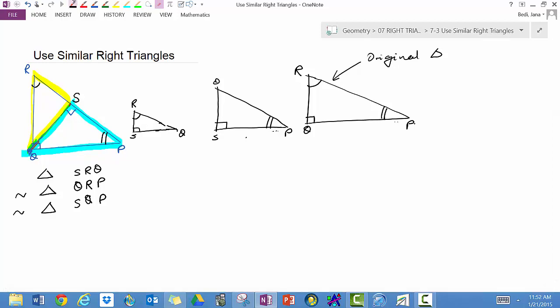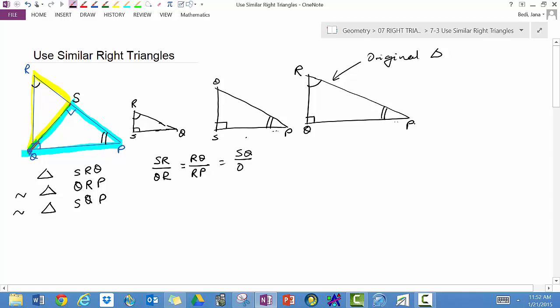So first we will look at the first two triangles, and I get SR over QR equals RQ over RP equals SQ over QP. Well, do you notice something here? That in the first two, RQ is repeated, and if you recall, this is a geometric mean.